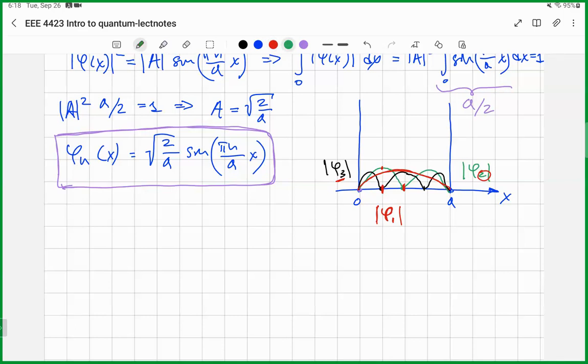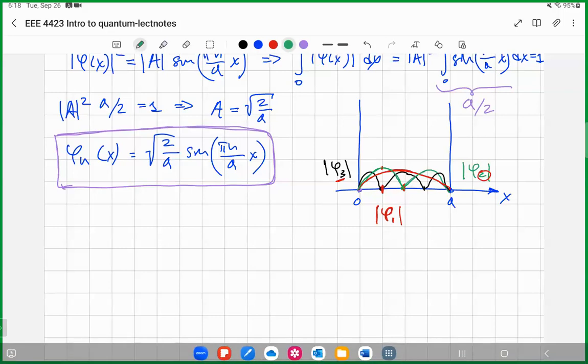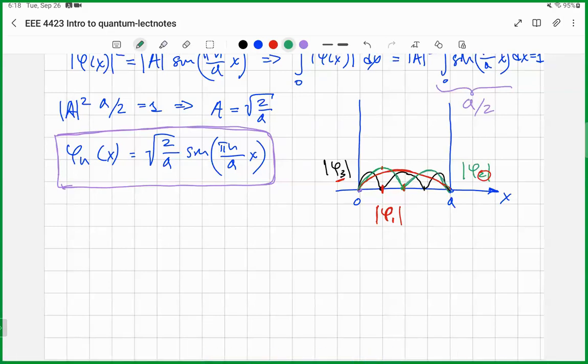So now it changes the probability distribution, it's redistributed within this well, and changes the average position, etc. So in this sense, the particle doesn't behave as a particle, right? It behaves as a wave. Hence this particle-wave duality.